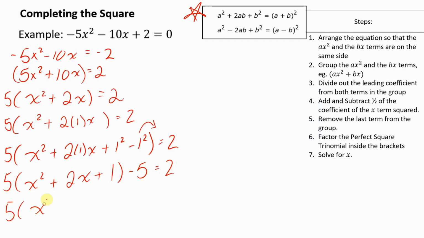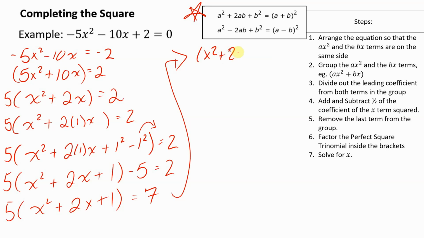So 5x squared plus 2x plus 1 is equal to 7. We can simplify this by bringing this 5 over. x squared plus 2x plus 1 is equal to 7 over 5.